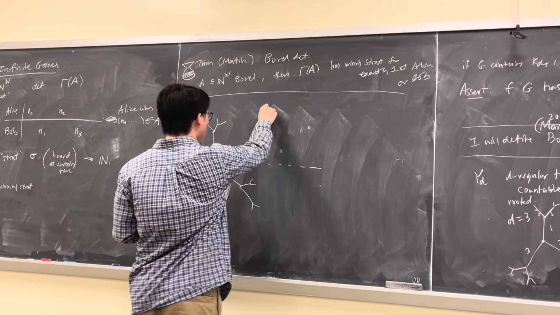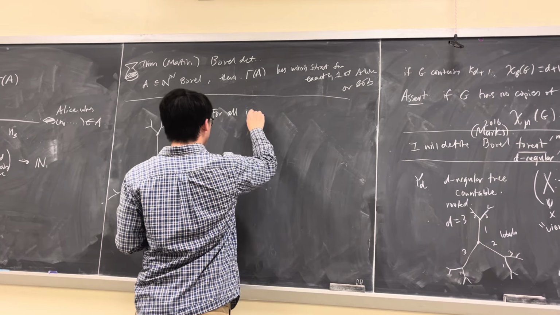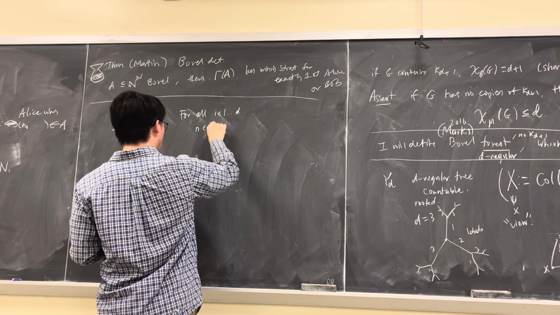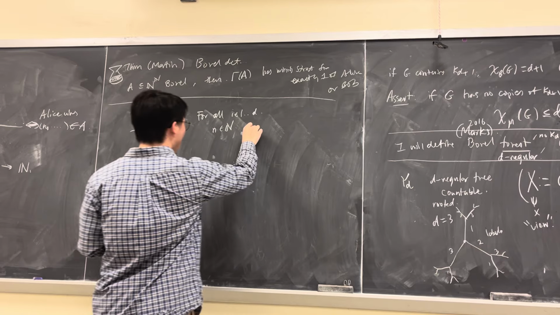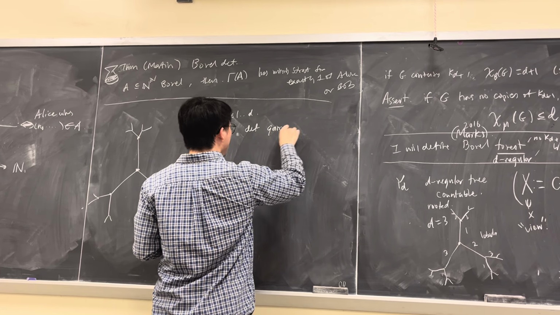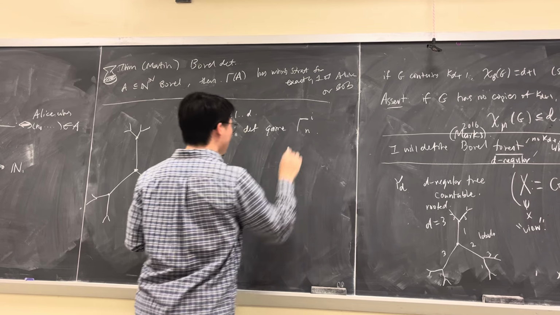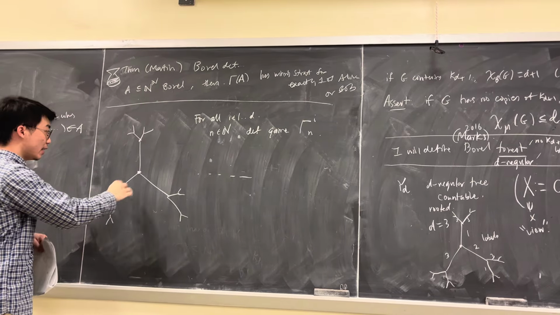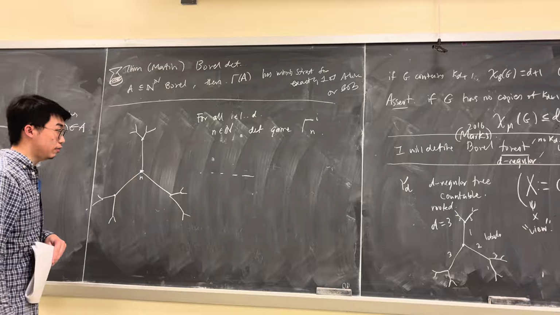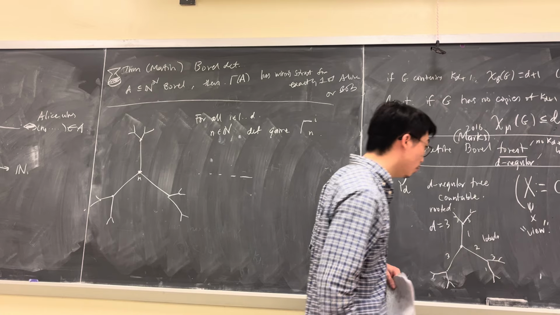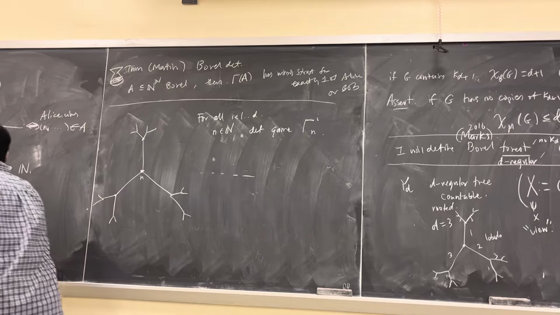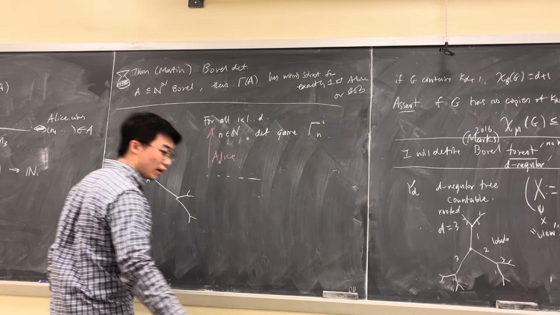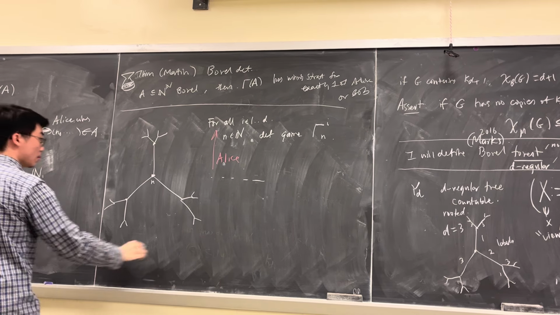So for all i in 1 through d, and n in the natural numbers, I define a game, Gamma n,i, where Alice and Bob take turns coloring the vertices of this tree. Alice will be in charge of the top half, so Alice plays in this direction, and Bob will play in the other direction.